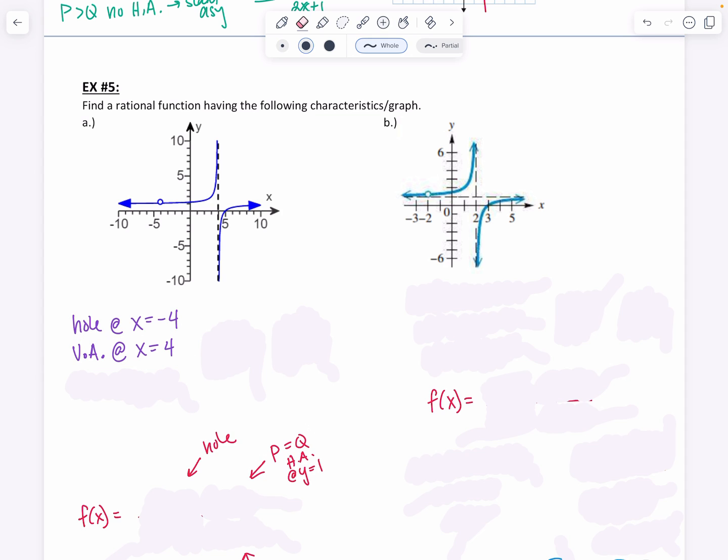What else do you notice about this graph? It's not explicitly given, like with the vertical asymptote, that dashed line, but doesn't it kind of look like there's a horizontal asymptote right here? It looks like there's a horizontal asymptote to me at about y equals +1. So those are 3 of the main characteristics that we've been talking about.